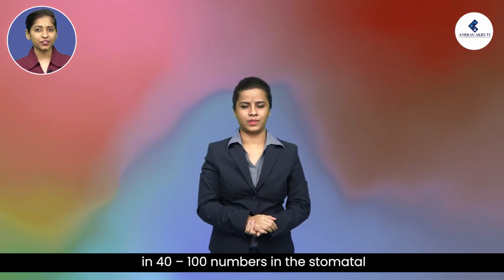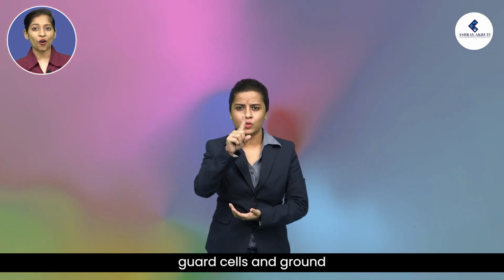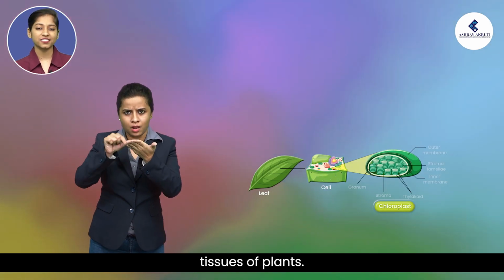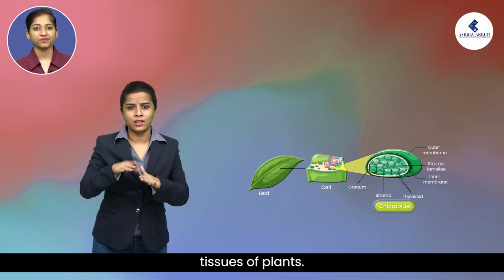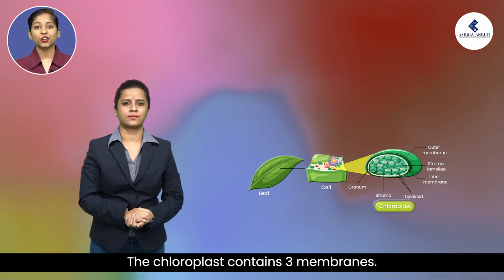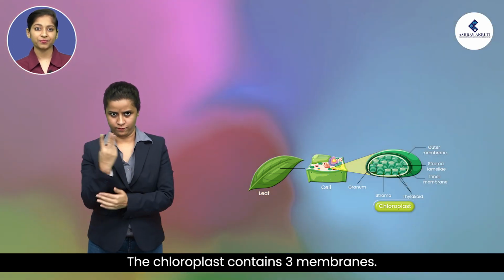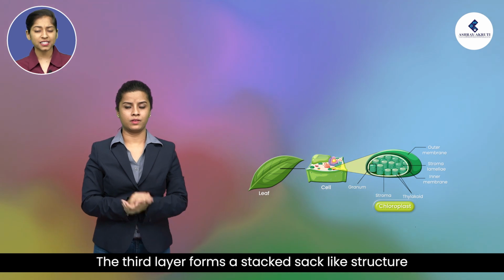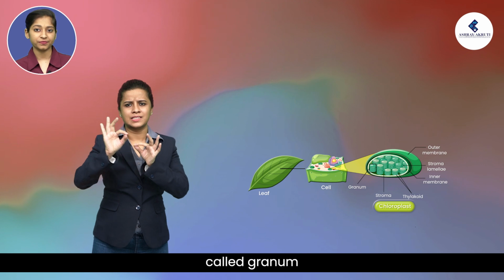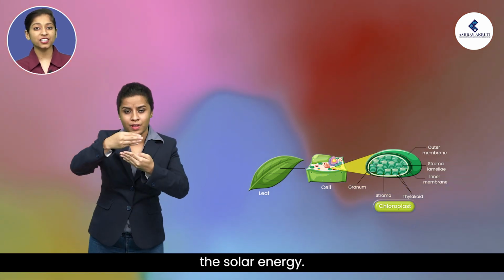These are present in 40 to 100 numbers in the stomatal guard cells and ground tissues of plants. The chloroplast contains 3 membranes. The third layer forms a stacked sac-like structure called granum, and it traps the solar energy.